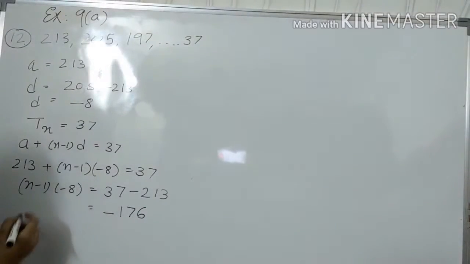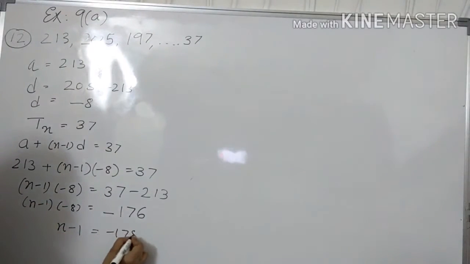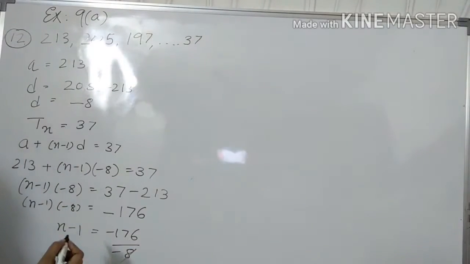So in the next step, we'll take this minus 8 in the denominator. So I get n minus 1 is equal to minus 176 upon minus 8. So by cancellation, I get 22 here. So n minus 1 is equal to 22.